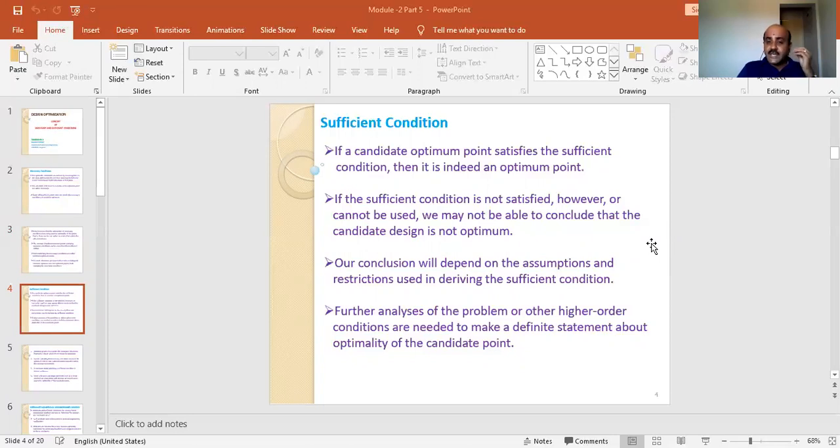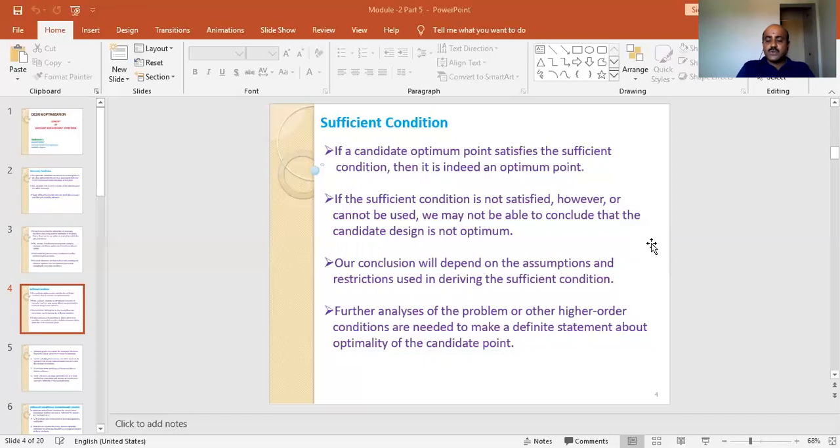If the sufficient condition is not satisfied, however, or cannot be used, we may not be able to conclude that the candidate design is not optimal. This is what I was talking about. Our conclusion will depend on the assumptions and the restrictions used in deriving the sufficient condition. Further analysis of the problem or other higher order conditions are needed to make a definite statement about the optimality of the candidate.